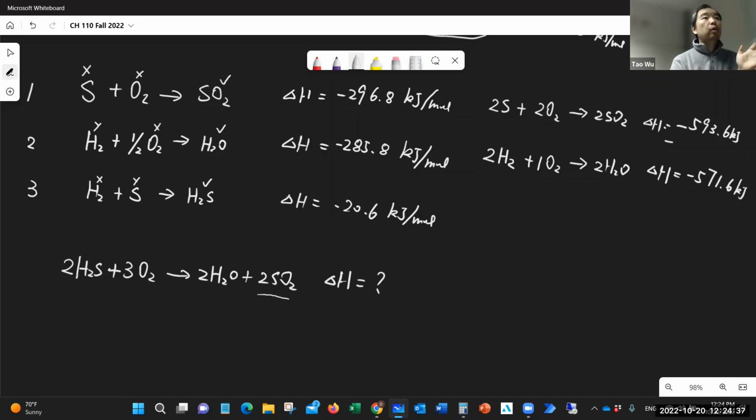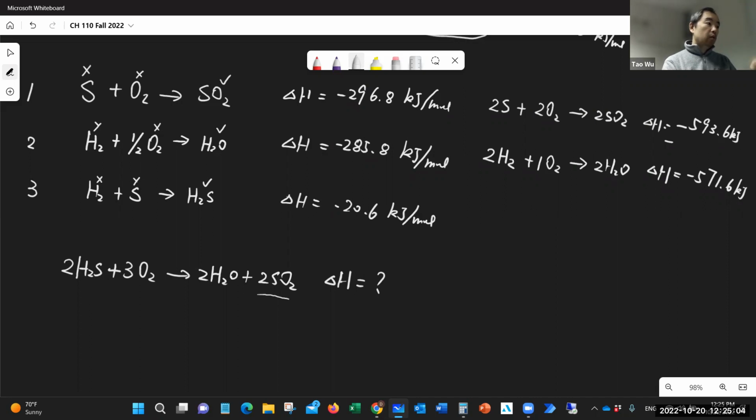But this is not what we want, right? What we want is 2 H2S on the left side. So we need to do 2 different modifications. First of all, we need to times 2 on this equation. And second of all, we need to reverse this equation, so we can have 2 H2S on the left side. Does that make sense, right?